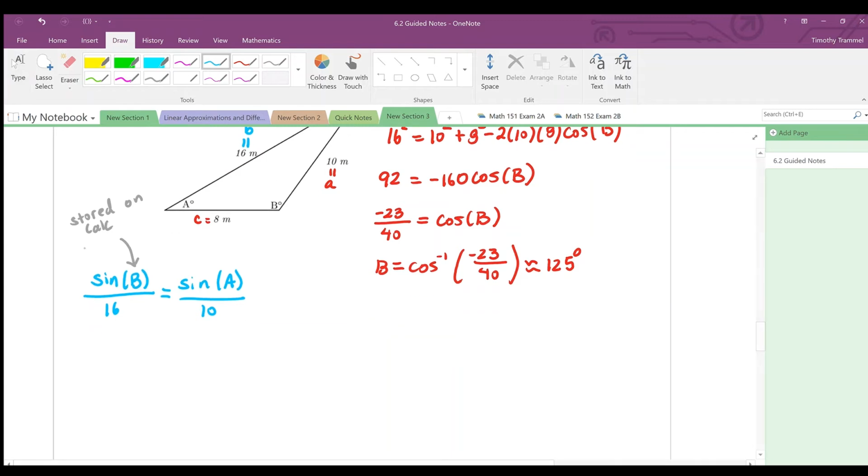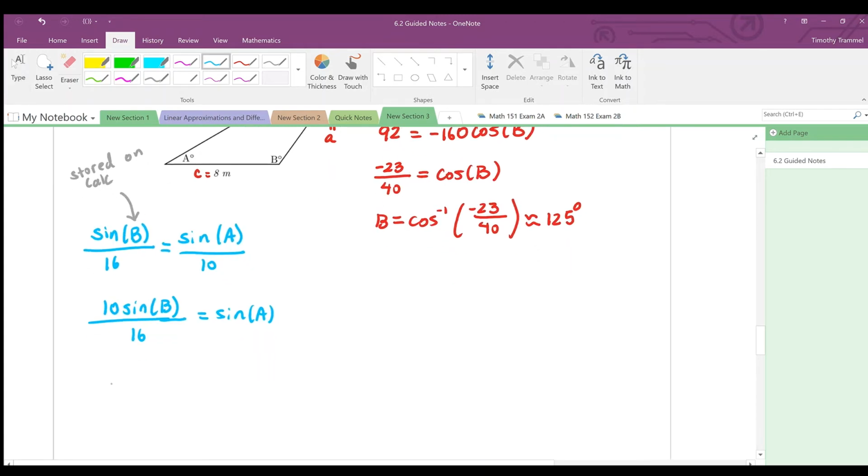And then next, again, we want to solve for angle A. So how about we multiply each side by 10? It gives us 10 sine of B over 16 is equal to sine of A, which then tells us that A should be equal to sine inverse of this left-hand side here.